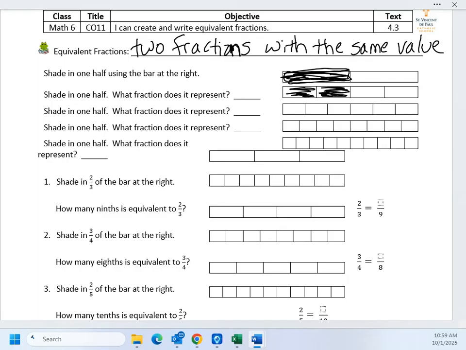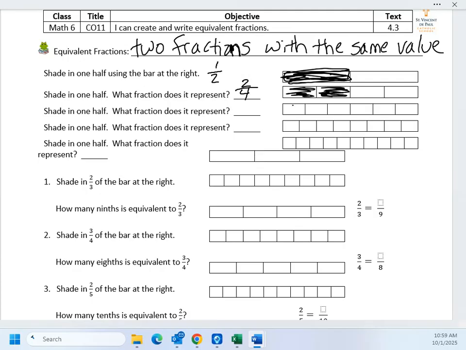What fraction does this represent? If this is 1/2, what would this one be? Jackson? 2/4. I shaded in 2 out of 4 parts. It's the same value, the same amount. 1/2 is the same as 2/4.